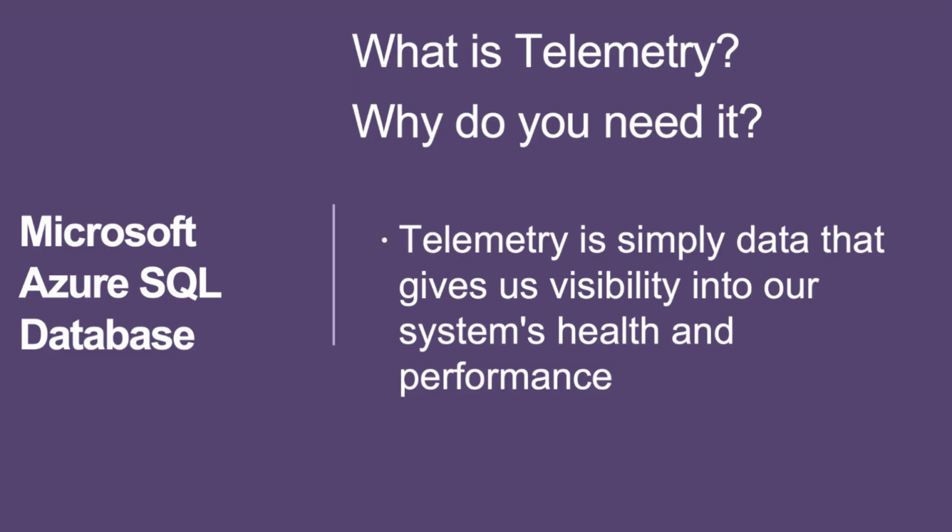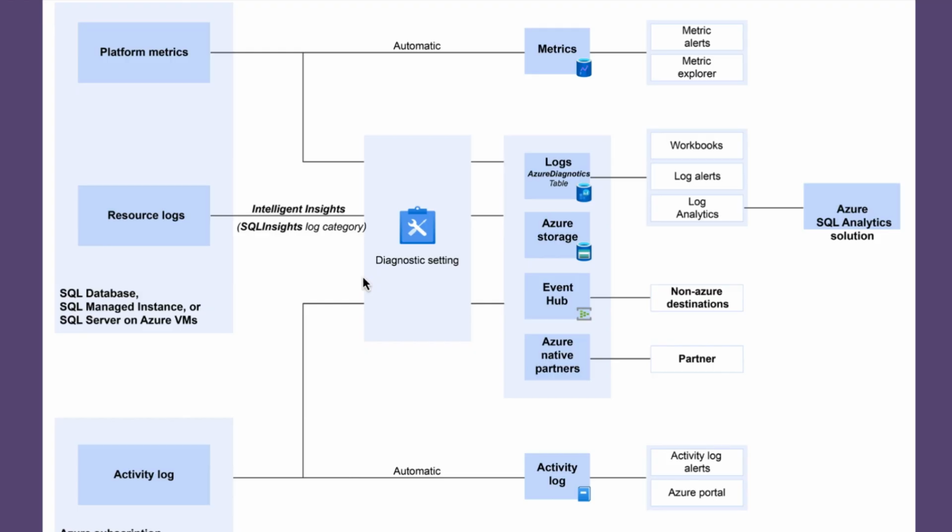Right. Now let's understand the telemetry flow, and to do that, I want to share this diagram. We have all our data sources, which come from two main places. First, inside the database engine, this is the ground truth from SQL itself.